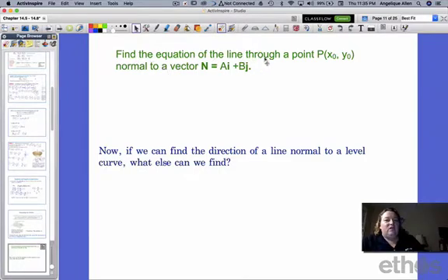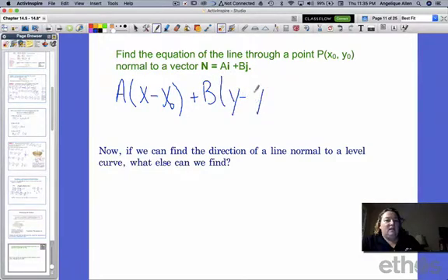We want to find the equation of a line that goes through this point that's normal to this vector. If you'll recall from earlier sections, we could take the components of our normal vector and multiply the x component by x minus our initial x coordinate, plus the y component times y minus our initial y coordinate, and that'll be 0.